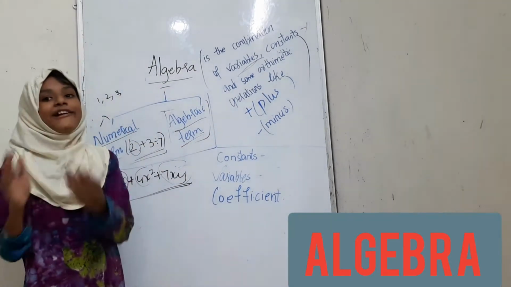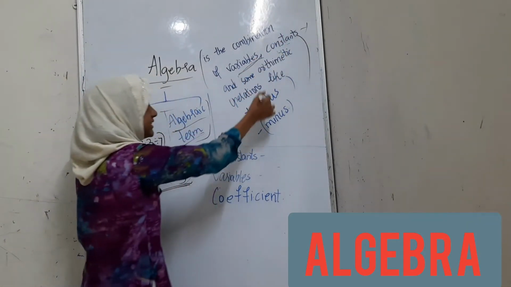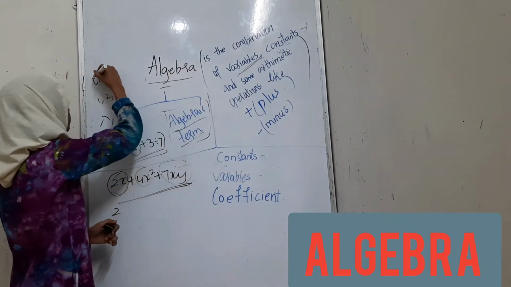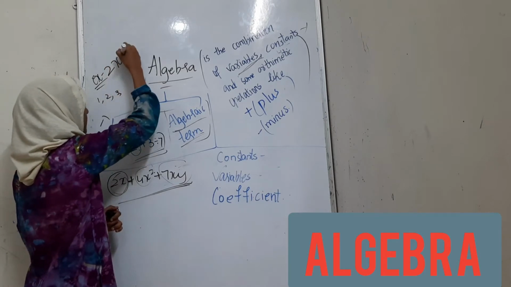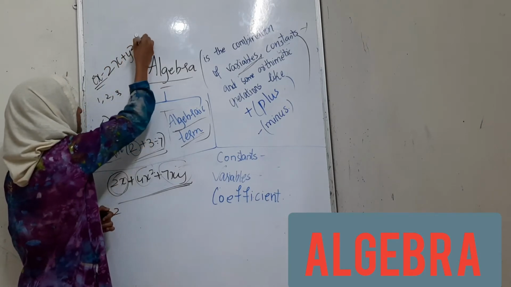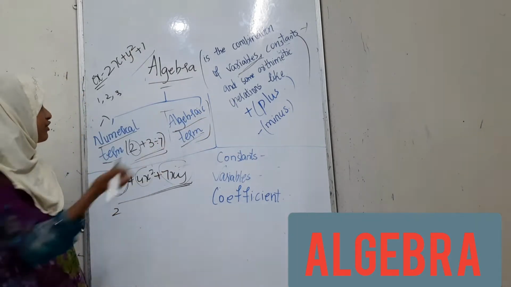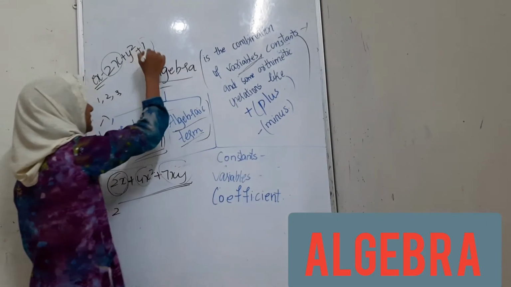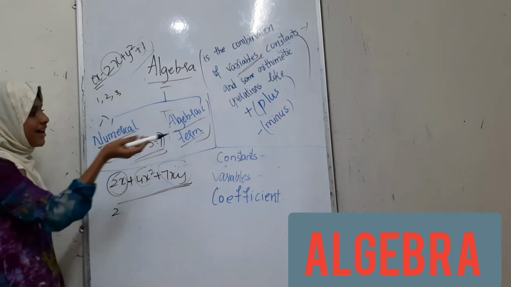A term or an expression in which we have variables, constants and some arithmetic operations, for example 2x plus y square plus 1. This is an algebraic term or expression because it has some variables, some constants and some arithmetic operations like plus and minus.